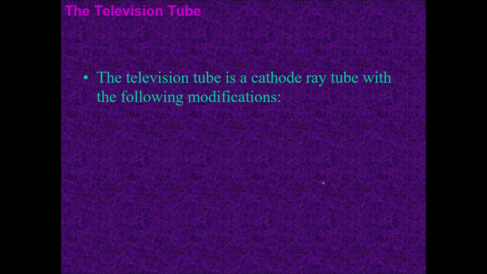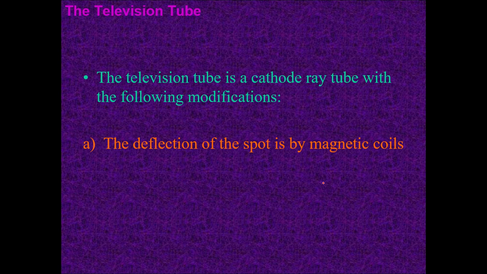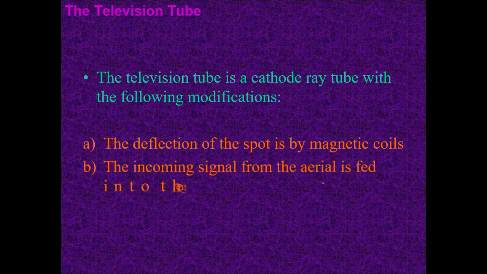Now let us get the television tube. There is something very important you need to note from this, that the television tube is a cathode ray tube with the following modifications. 1, the deflection of the spot by magnetic coils, and number 2, the incoming signal from the aerial is fed into the grid. Now, if you remember, we just tackled something.